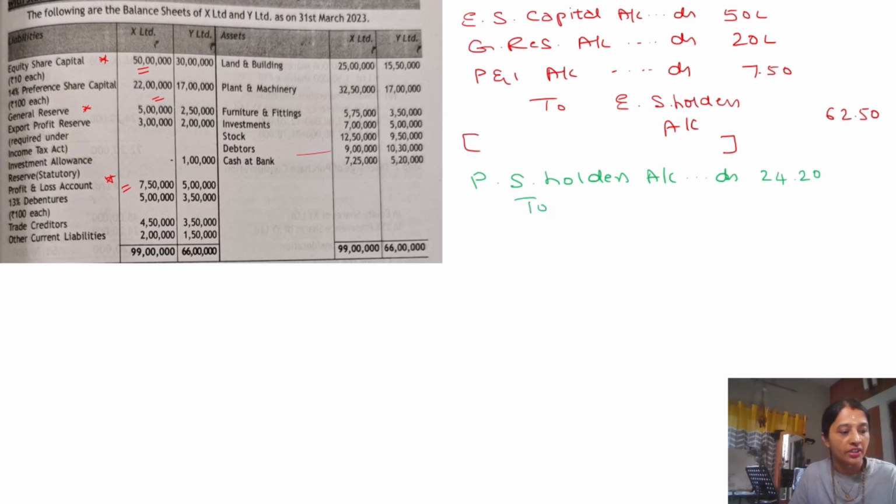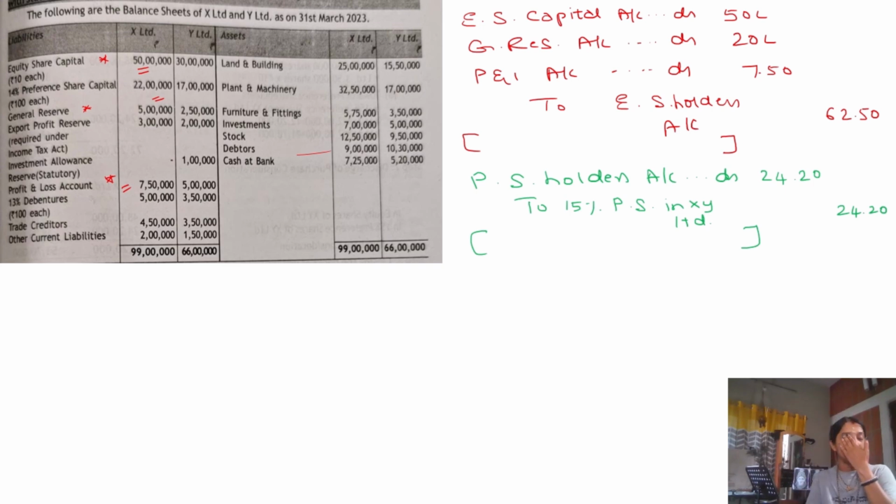They are receiving preference shares. That took 15% preference shares. So they are receiving 15% preference shares in XY Limited. Amount is 24 lakhs 20,000. This is final payment made to preference shareholders.